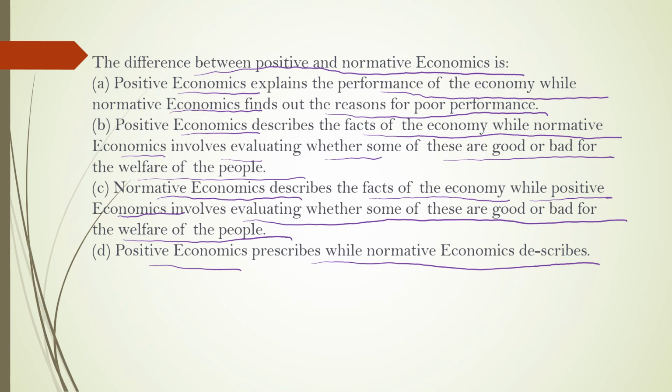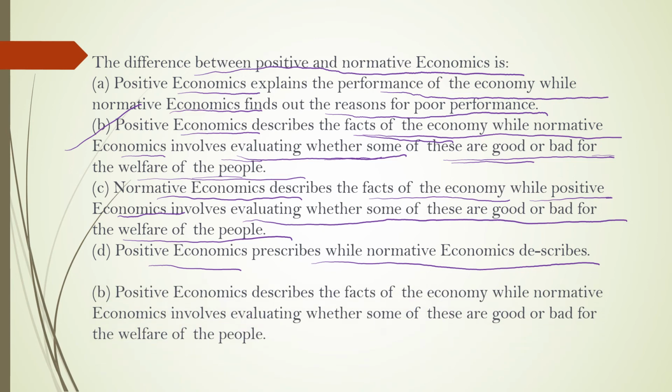So here the right answer is positive economics describes the facts and normative economics evaluating whether some of these are good or bad for the welfare of the people. So right answer is B. And here you can see positive economics describes and normative economics prescribes, but here it is reverse.